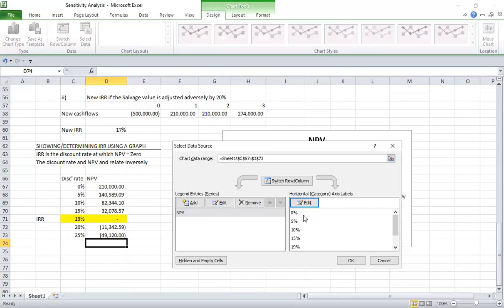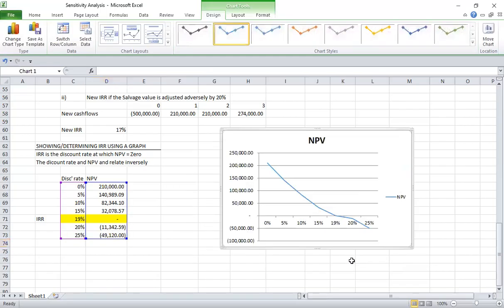And then again, you are taken back to the bigger window. Finish by pressing OK down there. When you click on it, that is the graph that we come up with.